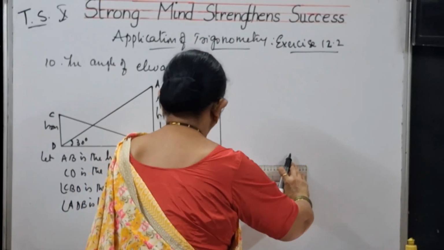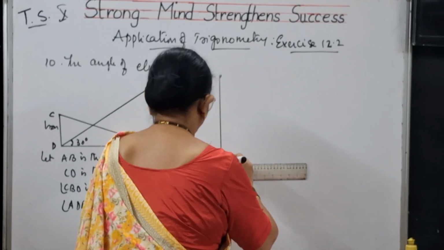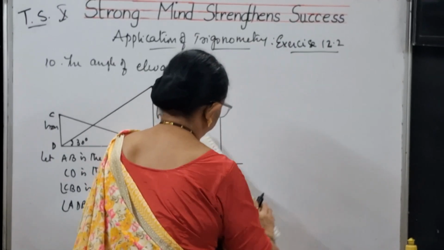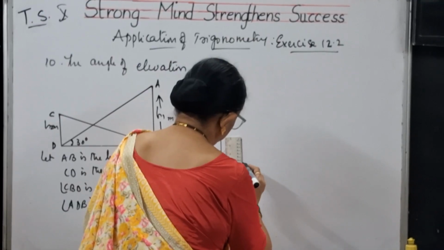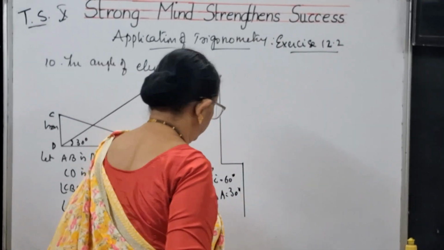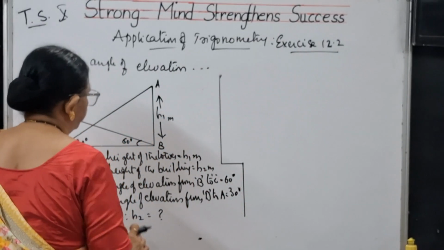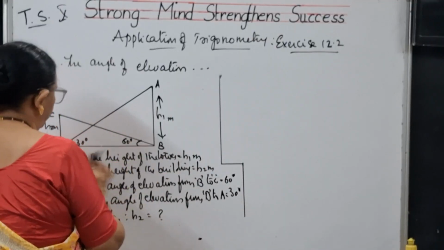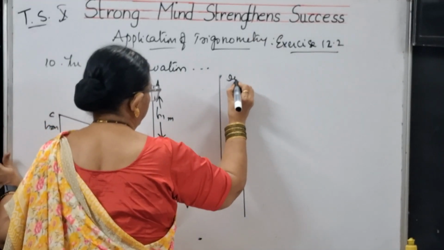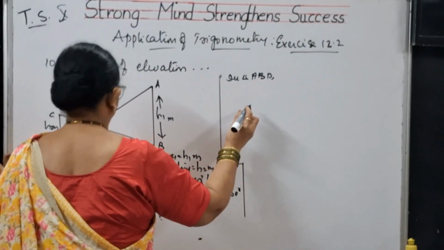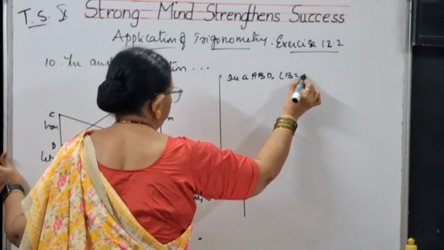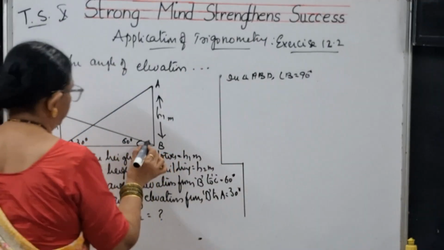Now you need H1 is to H2. That means the ratio of H1, height of the tower, and H2, height of the building. So H1 you want means you have to go for triangle ABD. In this, angle B is 90 degrees.